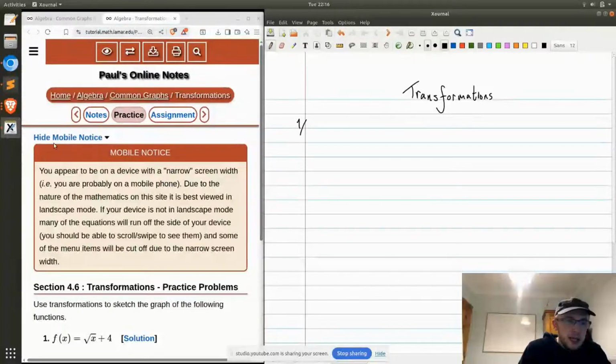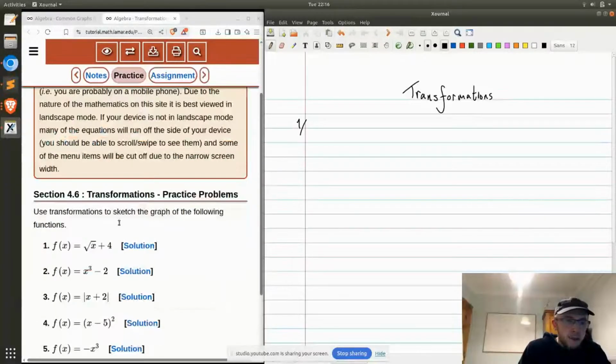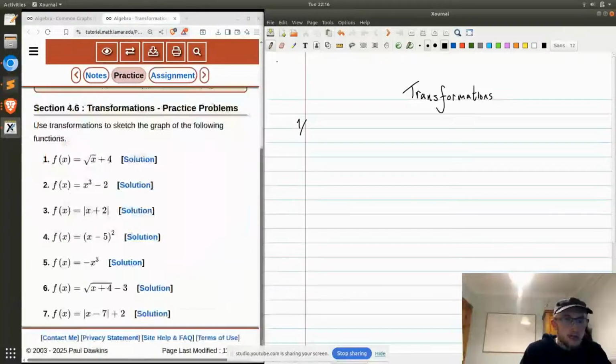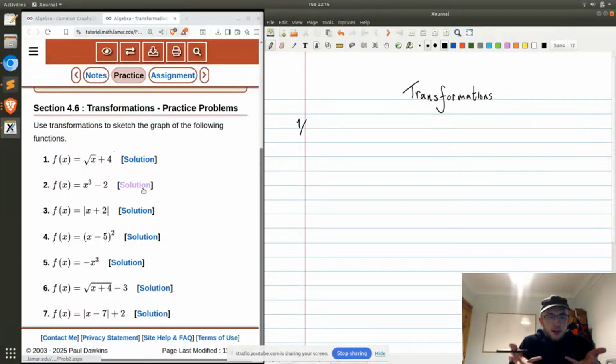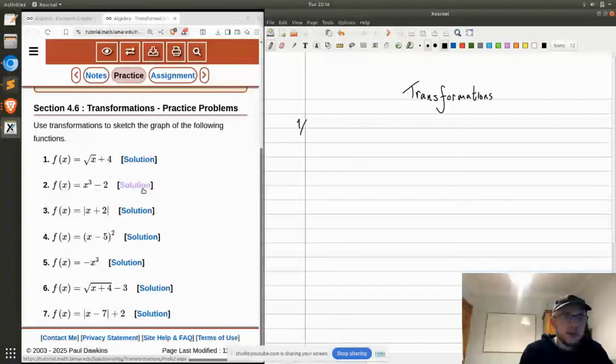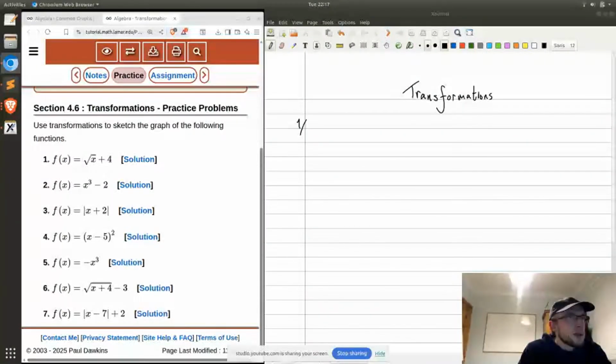Transformations. So the first function that I'm going to transform is the square root of x plus 4. This will be the square root of x graph translated by 4 units. And I will show that. Let's just grab a piece of the x axis.